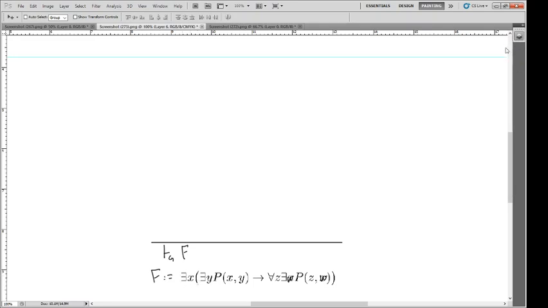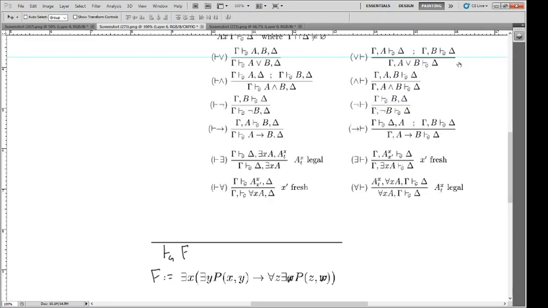So if we have a look at the rules that we have, we want to use this rule here first. Oh, sorry, no, it's this rule here, because the f is on the right side of the provability symbol. So all we have to do is make a legal substitution. We can substitute x here for anything legal. It doesn't have to be fresh.